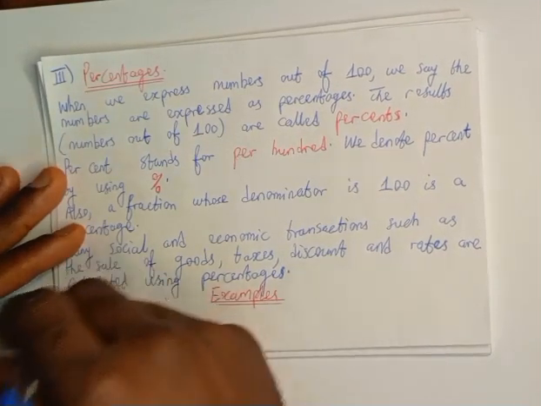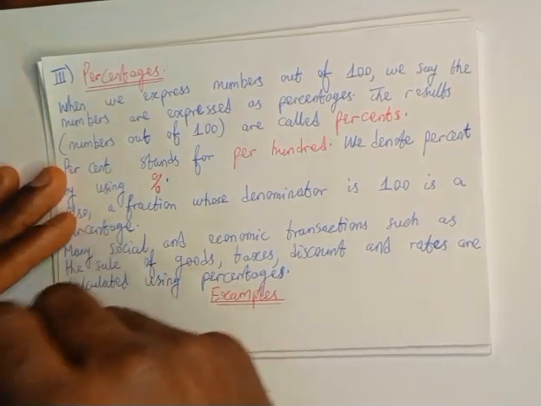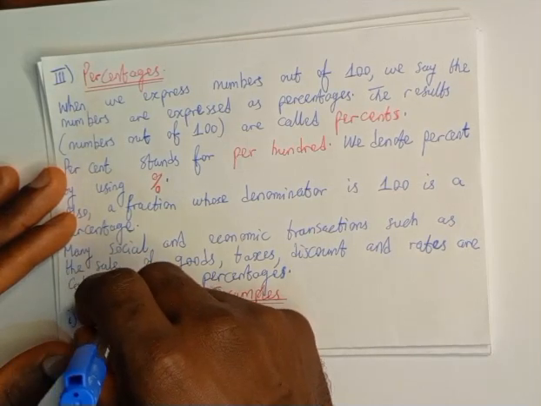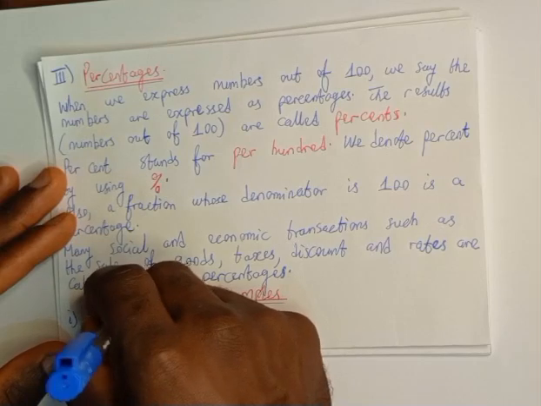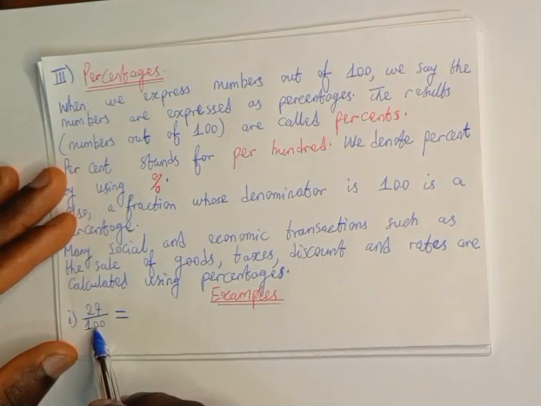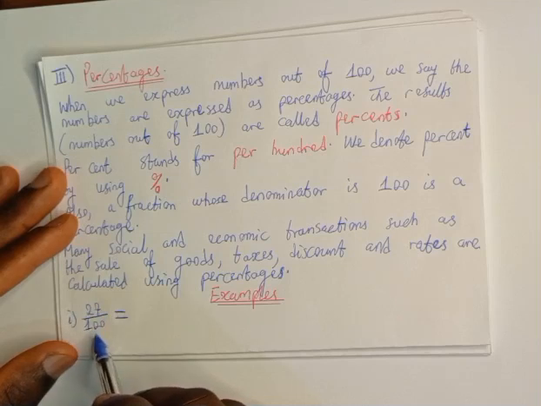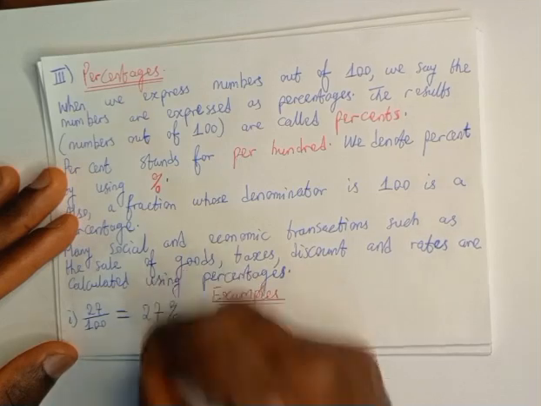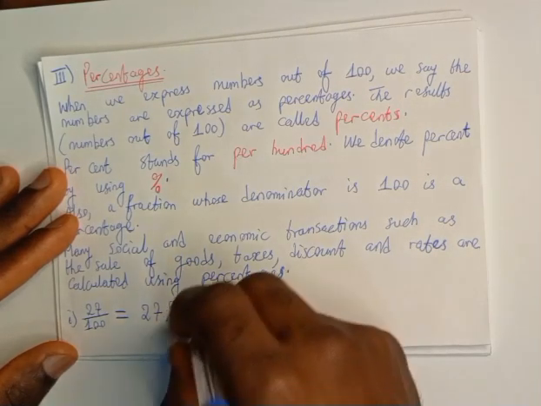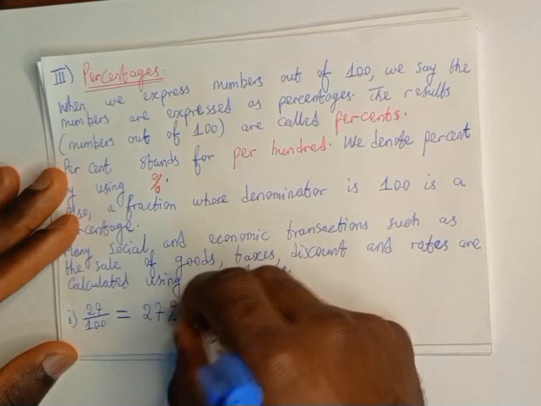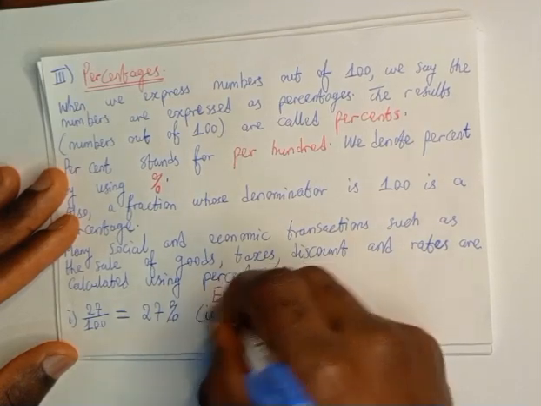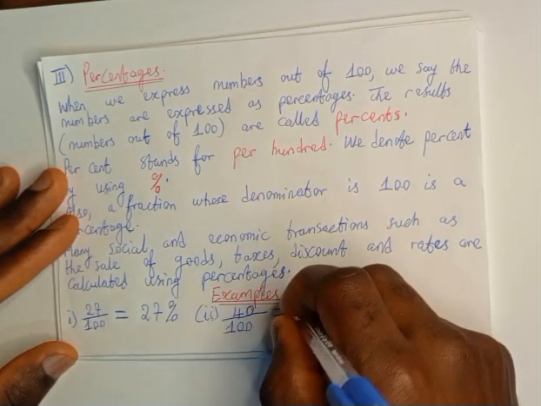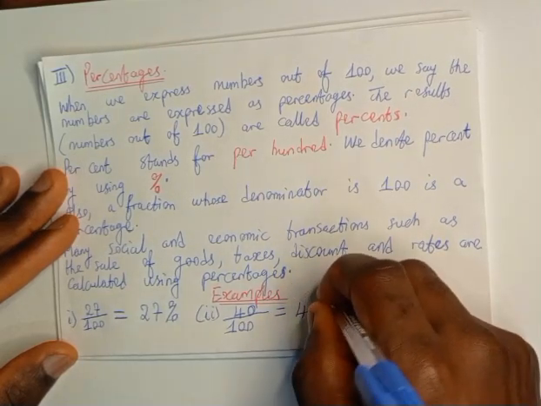Take the first example, 27 all over 100 is equal to, you can see the denominator of this fraction is 100. That means 27 out of 100 things simply represents 27%. That's what it means. We take the second example, 40 out of 100 is simply equal to 40%.